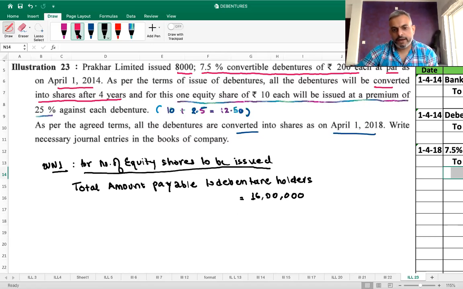Now, what we are doing, instead of debenture, we are going to give them equity share.